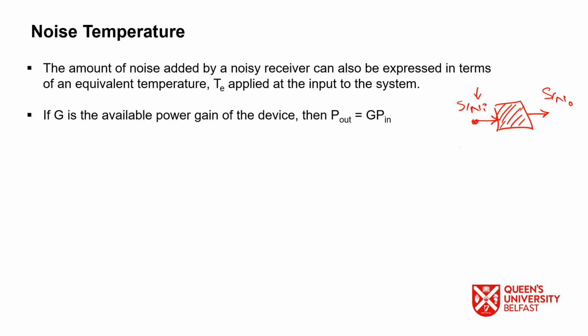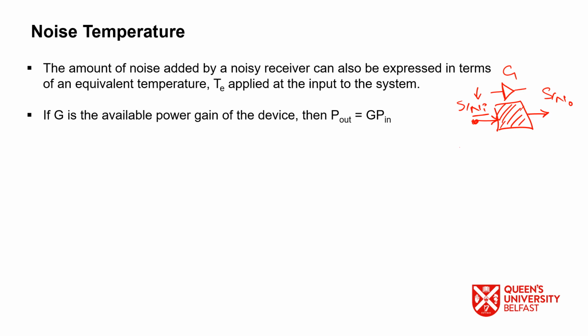But first, just imagine that if we have a signal at the input and noise at the input, the signal at the output will be amplified, but you will see that the noise also needs to be amplified. Imagine this is a simple amplifier with a gain G, then the noise will also face a gain while the signal faces a gain.